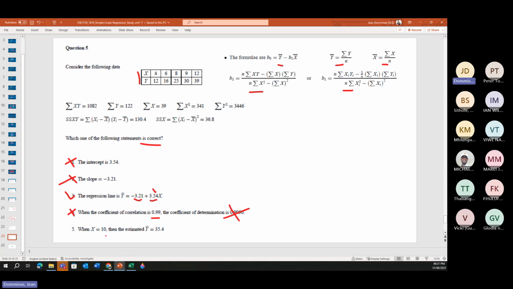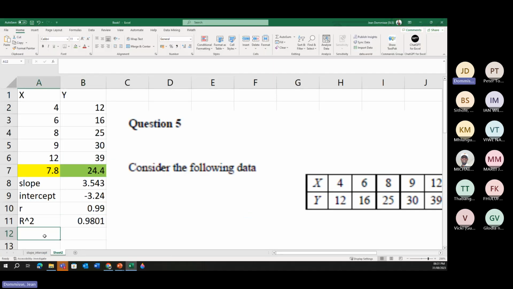And then the last one is, they say when x is equal to 10, then the estimated y is equal to 35.4. So let's work it out. Let's say that is y hat that we're working out.